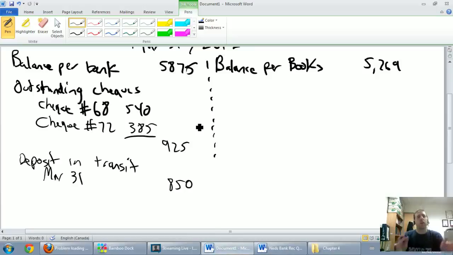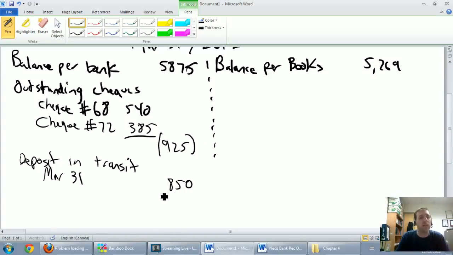I've said, here's what the bank thought cash was, and here's why they were wrong. Remember that weird error, that 839 and 938 or whatever the numbers were? That's my mistake. I'm going to deal with that on the next part of the bank rec. Here I've got to deal with the bank side. So I've got to say, okay, the bank thought my cash was $58.75, but they missed two checks for $9.25. When they find out about those checks, it's a minus to my cash.